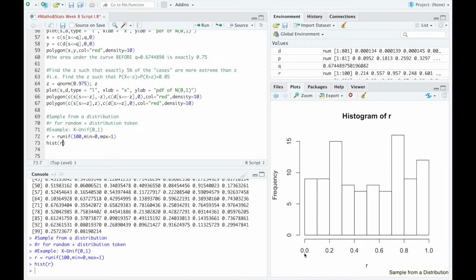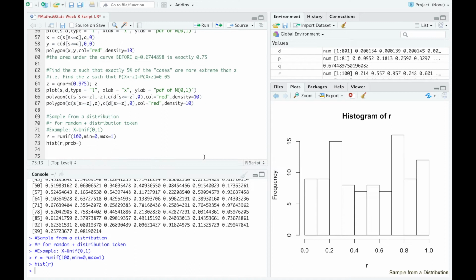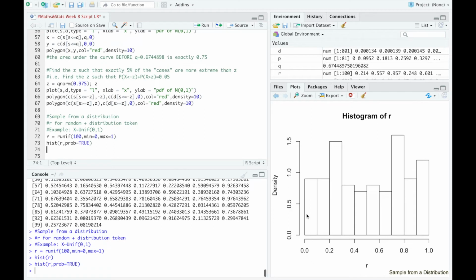You know that hist plots the counts here. If you want to plot the histogram as a probability, so that the area below the histogram is exactly 1, you will have to write probability equals TRUE. Okay. So now the area below this histogram is exactly 1.